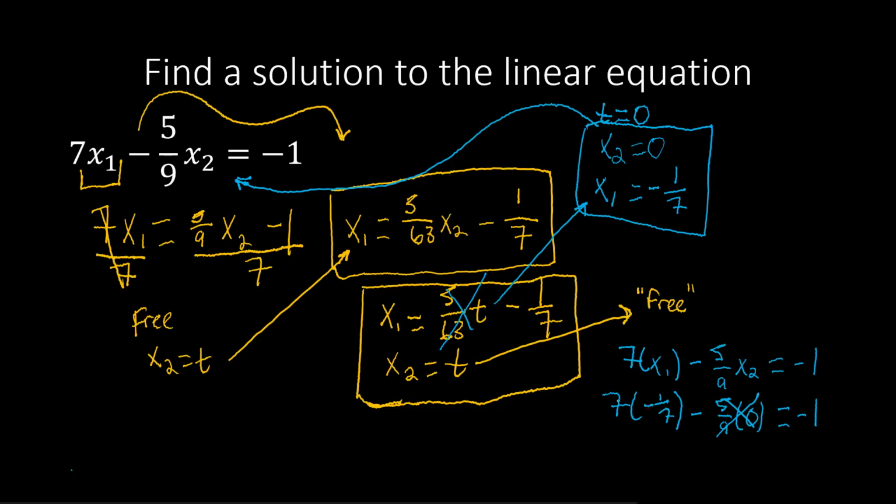And we have negative 1 over 7 times 7, that is negative 1. And we find out that negative 1 does, in fact, equal negative 1. So that's an overview of how you can go back and check your answers.